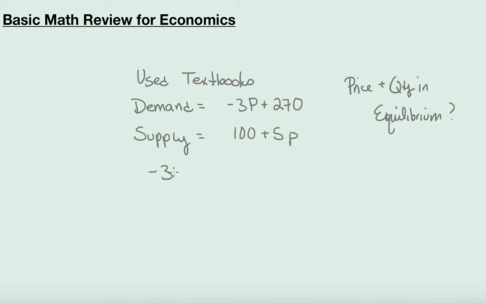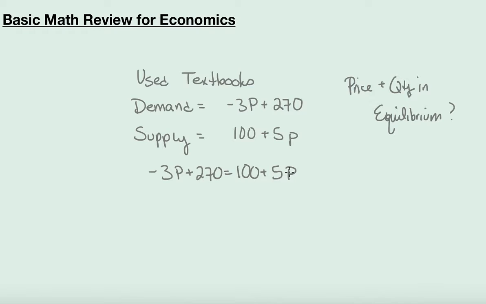So we would have negative 3p plus 270 is equal to 100 plus 5p.